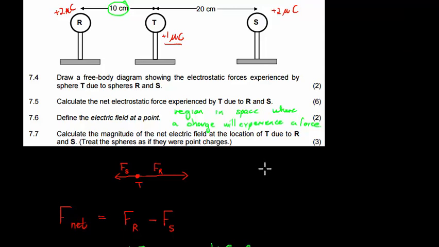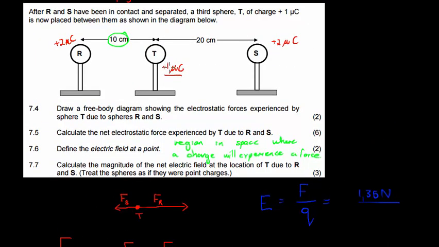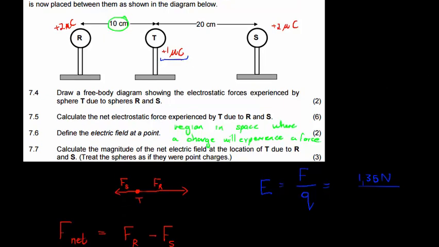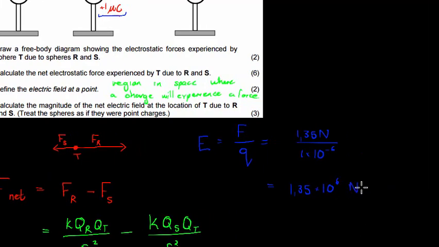All we do is take the electric field equal to force divided by Q. So all we need to do is substitute the force that we calculated in the previous question, 1.35 newtons, divided by the charge of the particle experiencing that force, which in this case is T, 1 microcoulomb, so 1 times 10 to the power of -6. That gives me an answer of 1.35 times 10 to the power of 6 newton per coulomb. That would be the electric field. Easiest 3 marks you would get in this paper.